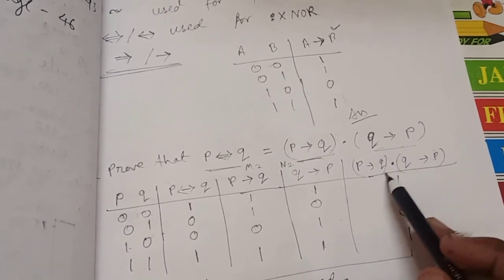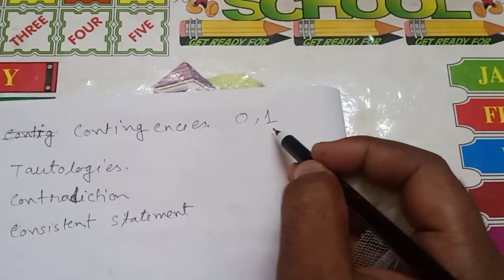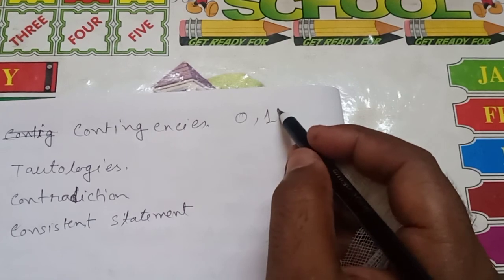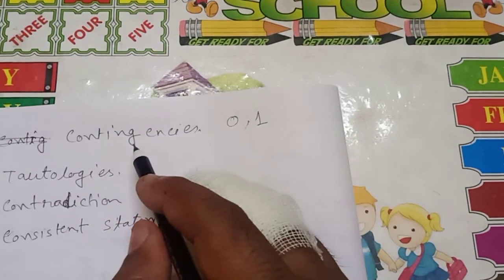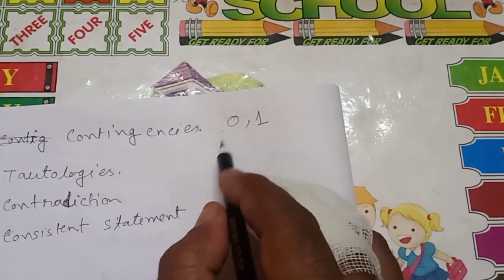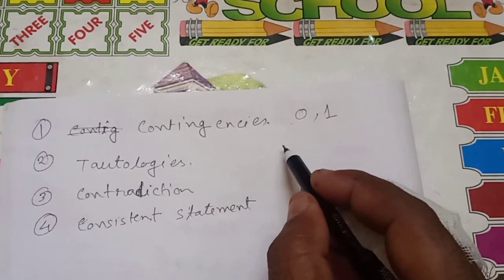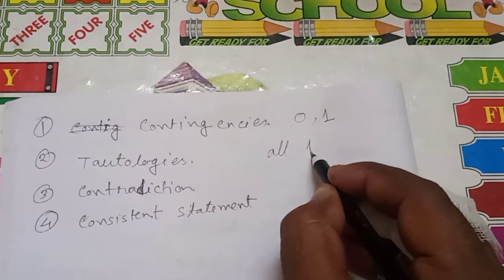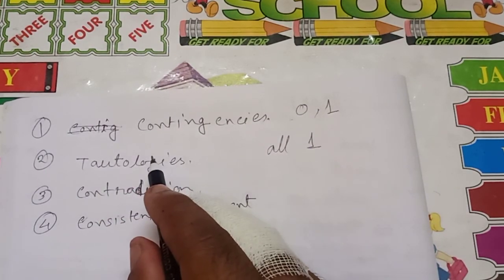When the final output values carry both 0 and 1, at that time we can say the expression is contingent, okay. And for tautology, when the truth table outputs are all 1, we call the expression a tautology expression, okay.